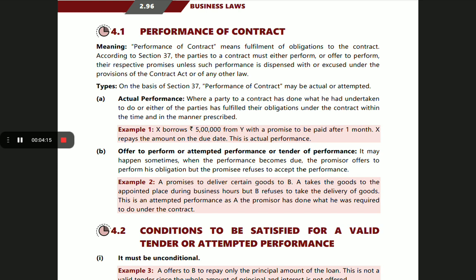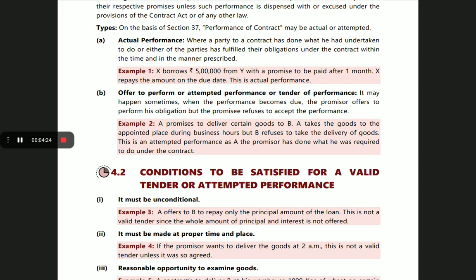Conditions to be satisfied for a valid tender or attempted performance. It must be unconditional. Example: A offers to B to repay only the principal amount of the loan.